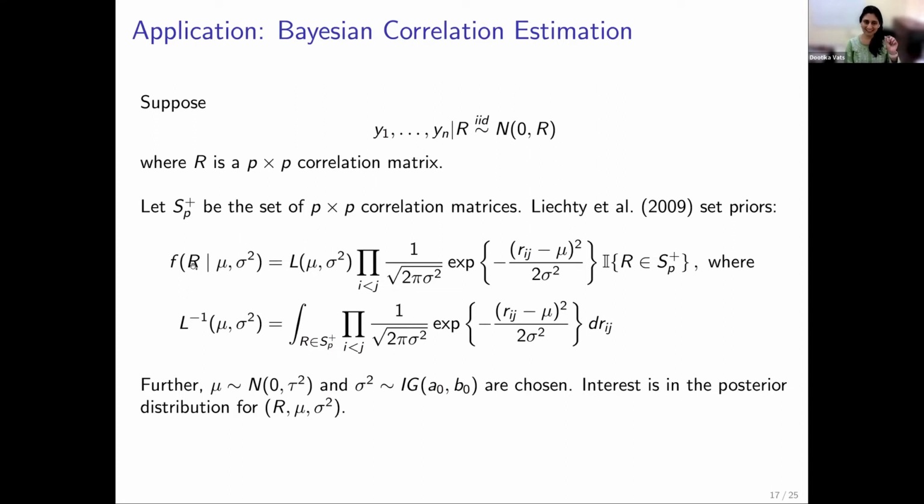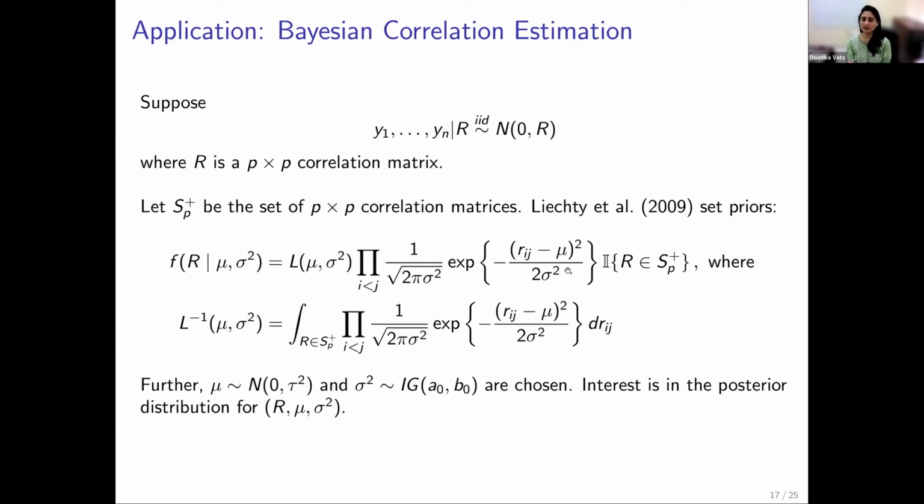So on R, for each element R_ij inside R, basically you put a restricted Gaussian prior with mean mu and variance sigma squared, where the restriction is such that the final matrix R needs to be in the set of valid correlation matrices. Otherwise, the model is not going to be correctly described. And so because of that restriction, we have this constant outside, this L(mu, sigma squared), that is basically an integral over that restricted space that allows the final density to integrate to 1.